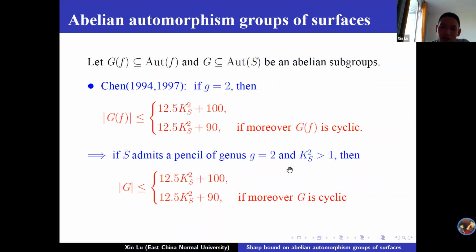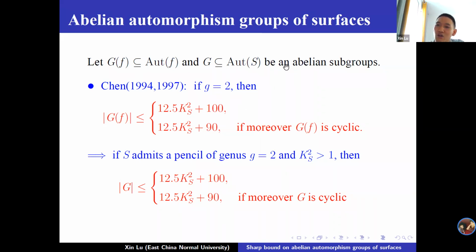Here, I would like to mention that if K_S squared is at least 8, and S admits a pencil of genus g equal to 2, then S admits a unique pencil of genus g equal to 2, and then you can get the result directly from this one, because there is a unique pencil of genus 2.